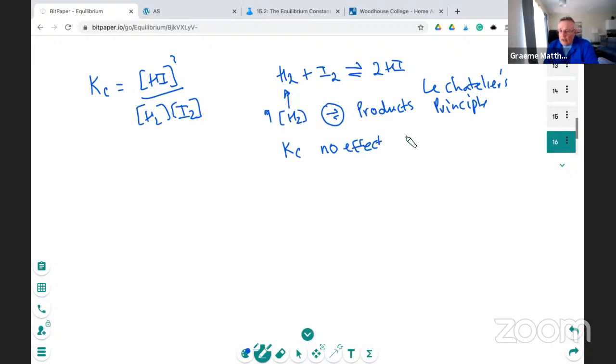Because Kc is a constant at a given temperature. So if you increase the value of H2, yes, the concentration of H2 increases, agreed.